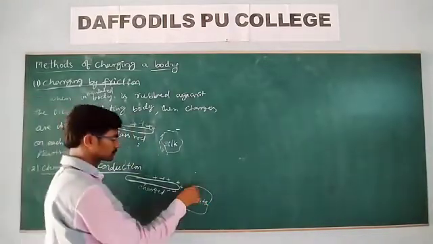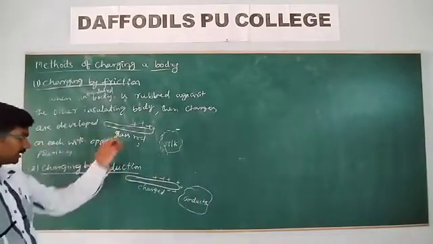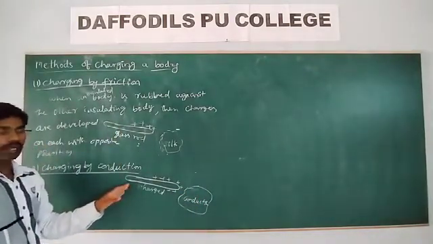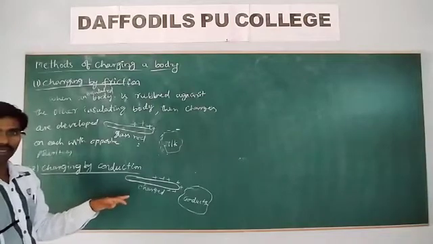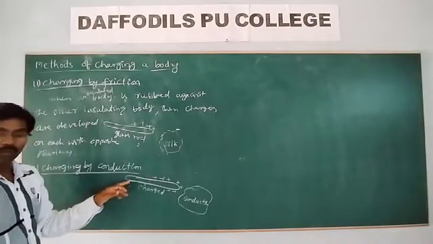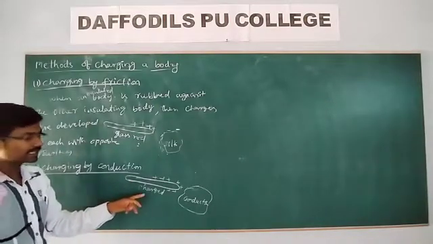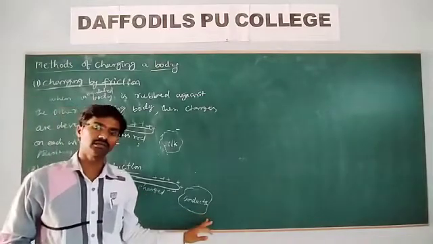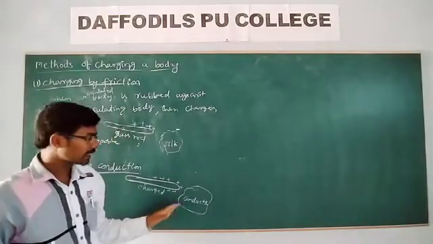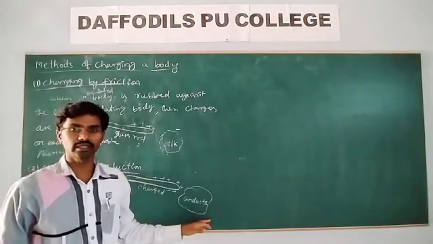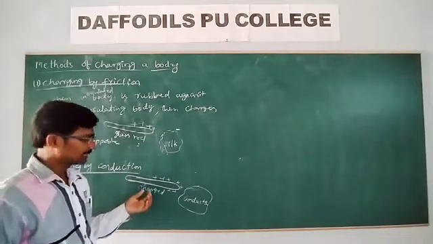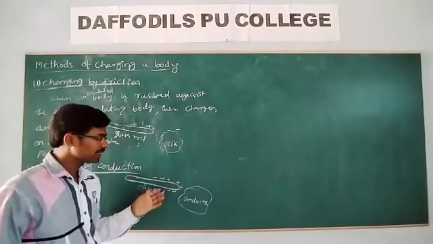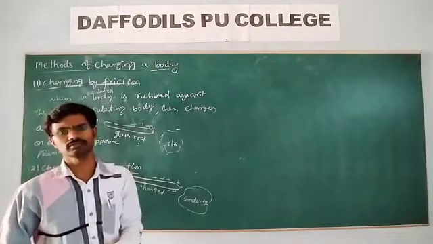When a positively charged body or negatively charged body is kept in contact with a metallic conductor, what will happen? The charges on this charged body can be transferred to this conductor.